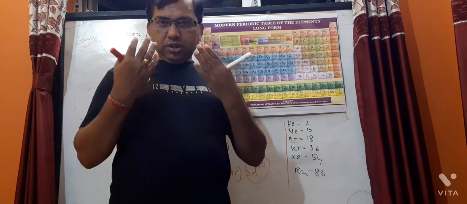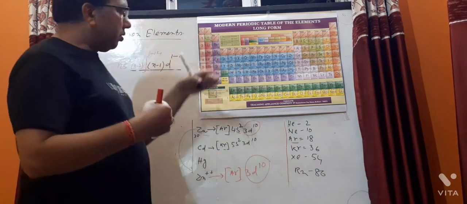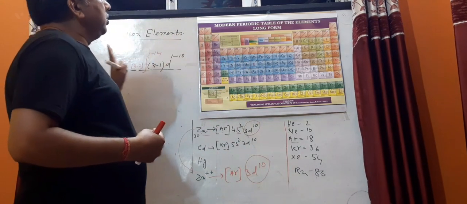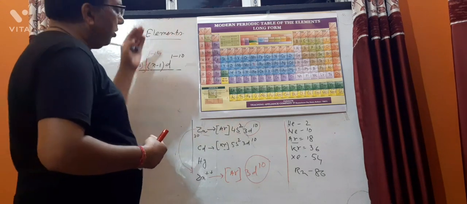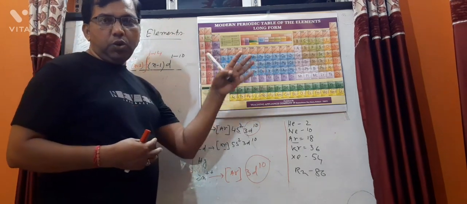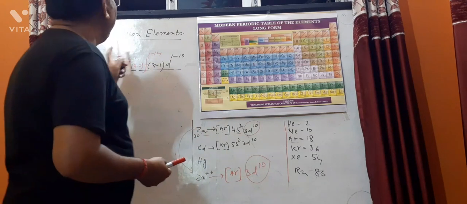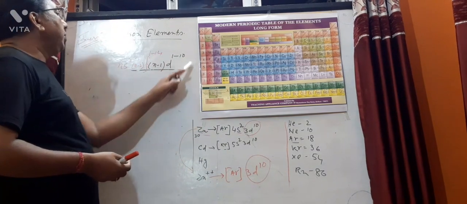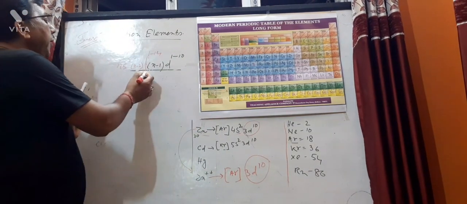If you arrange the electron configuration, you will find all the elements come under this, and f is the inner.